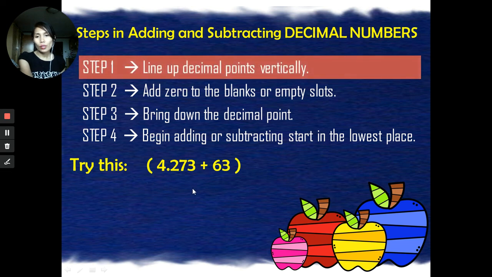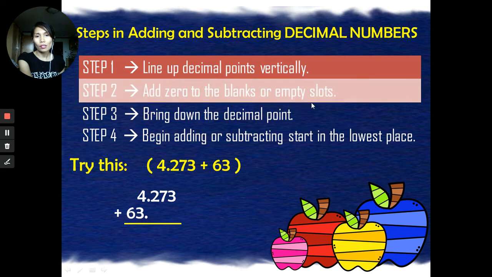Line up decimal points vertically. That's how we line them up. Remember, this is a whole number and a whole number's decimal point is on the right. But if there are no more numbers after the decimal point, then we can just remove the decimal point. So that's just 63. For whole numbers, remember the decimal point is on the right side after the ones place. Okay, so step 2, add 0 on the blanks or empty slots.